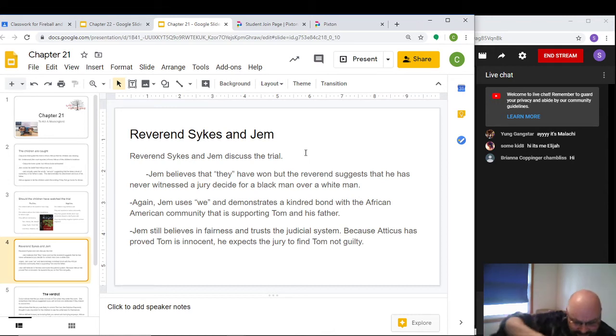But Jem kind of disregards this, suggesting that because the judicial system's fair, Atticus has proved Tom's innocent, so Tom's going to be found not guilty. So he has this view of fairness and right and wrong, and he's not able to get his mind around the fact that Tom might still be found guilty.